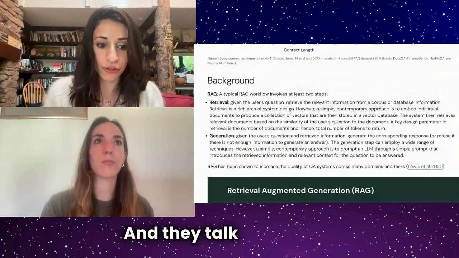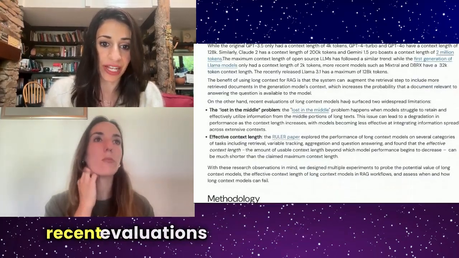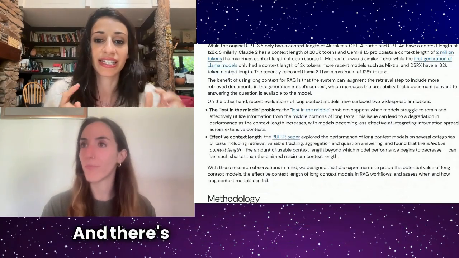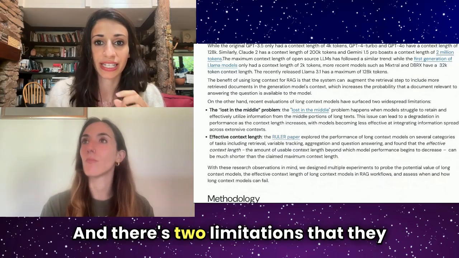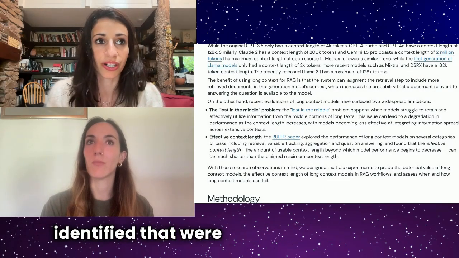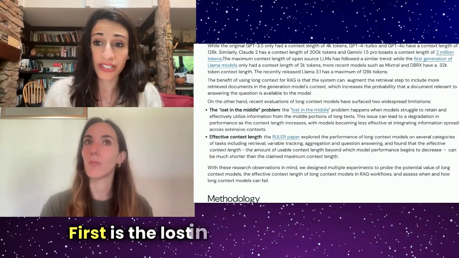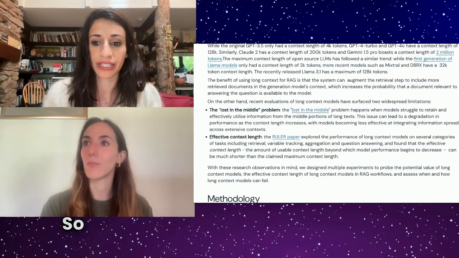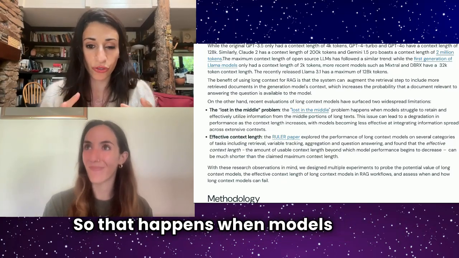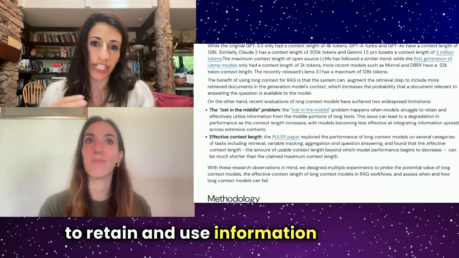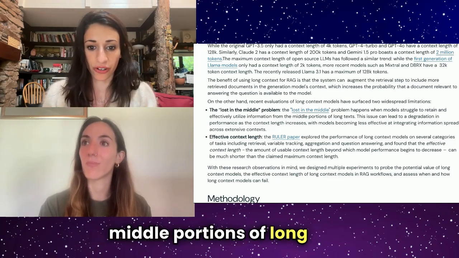And they talk a bit about recent evaluations of long context models. And there are 2 limitations that they identified in those evaluations. First is the lost in the middle problem. That happens when models really struggle to retain and use information from the middle portions of long text.